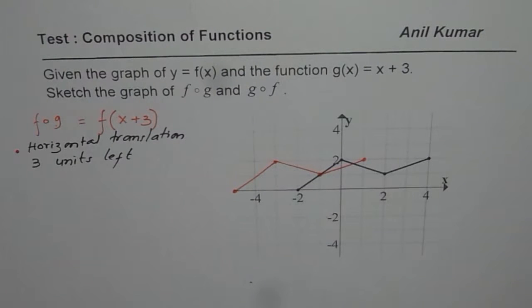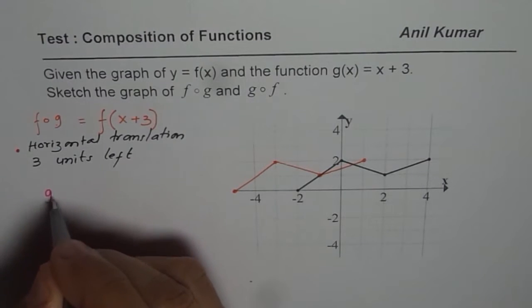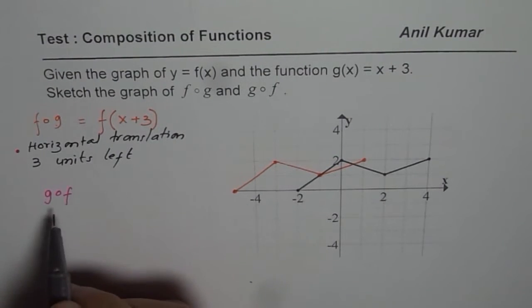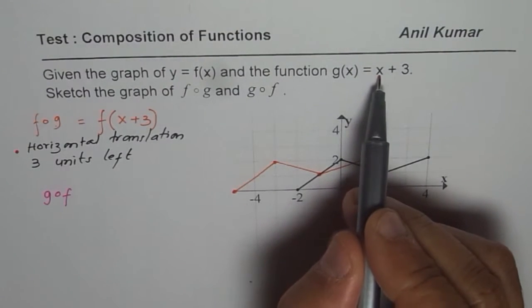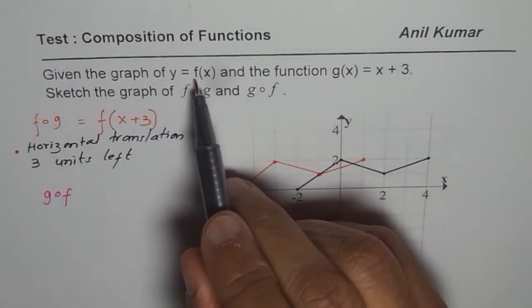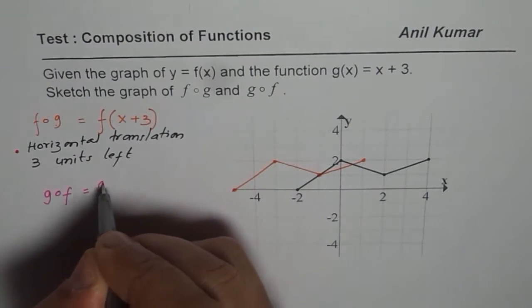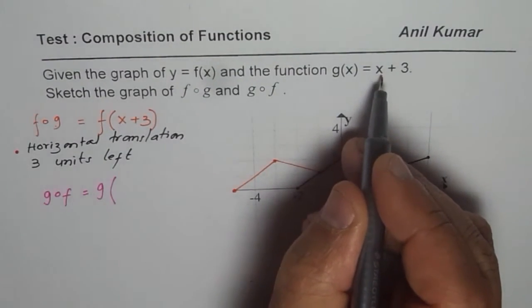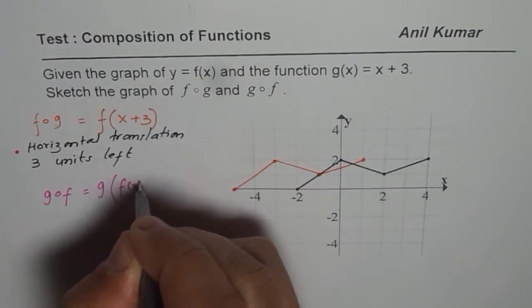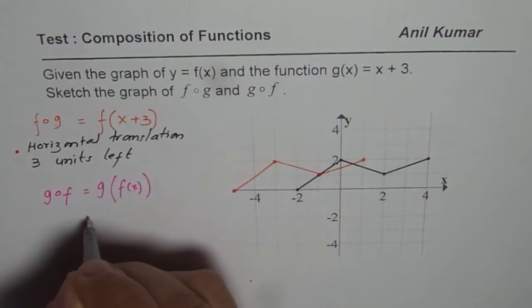Now let us see what is g of f, right? So let's see what is g of f. Now g of f means this is the function g of x. Now this x is replaced by f of x. So we could write this as g of, if I say f of x here, then what do I get?